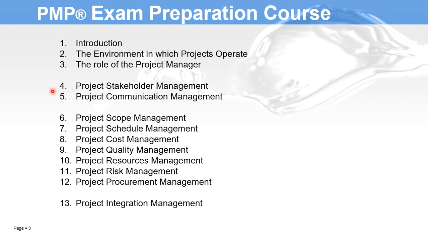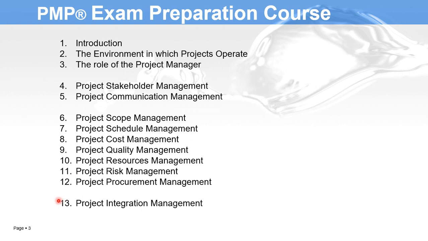So it is more practical to start with the project stakeholder and project communication management, and then after that we follow the same order of the BIMBOK: project scope management, then schedule management, cost management, quality management, resource management, risk management, and procurement management.